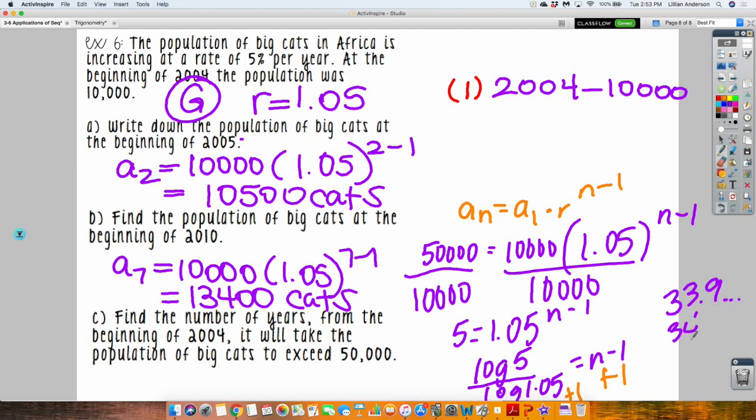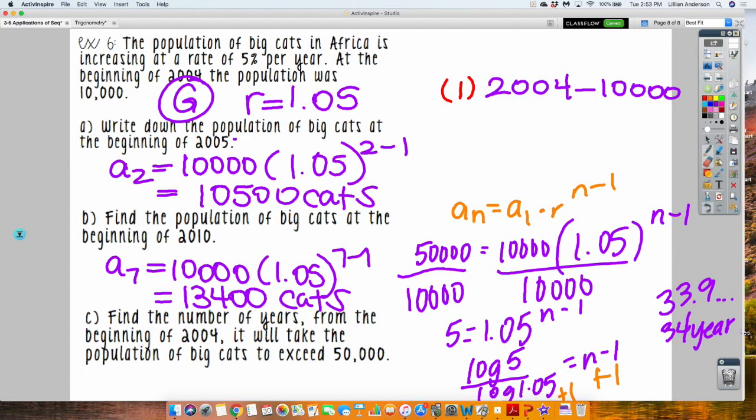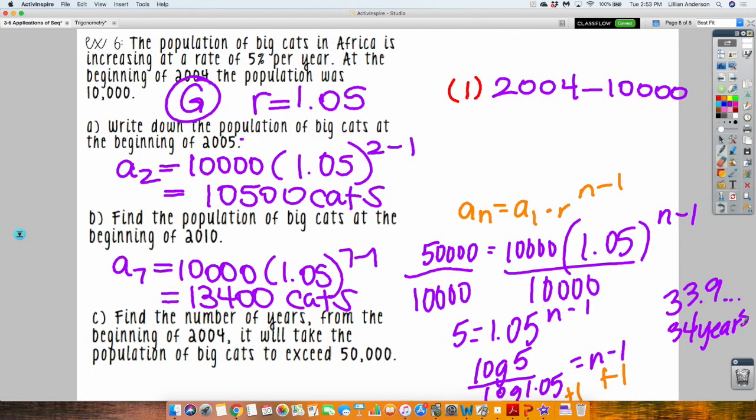I get 33.9 and some change, right? So is that going to be 33 years from 2004, or is that going to be 34 years from 2004? 34 years later, the population is going to exceed 50,000 big cats.